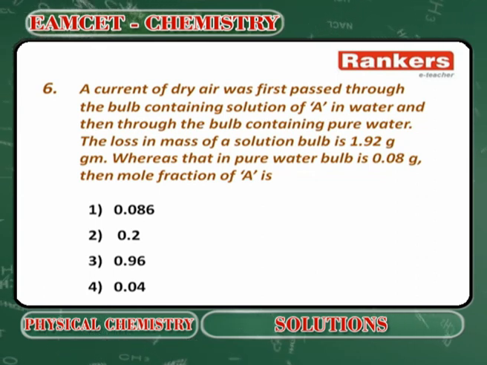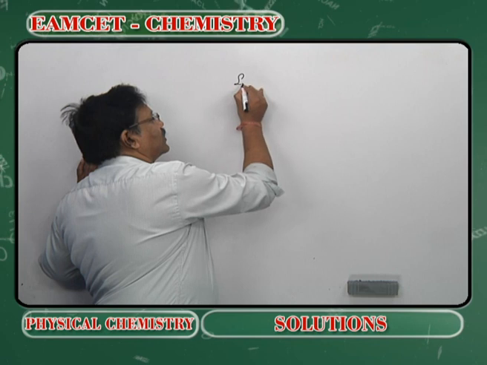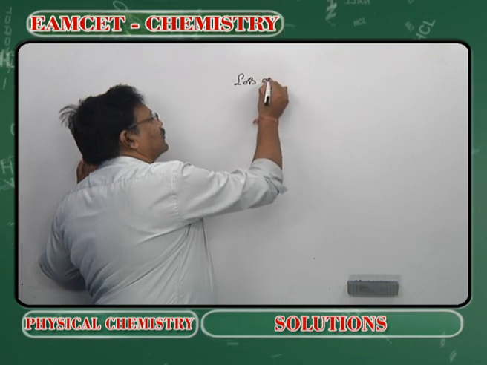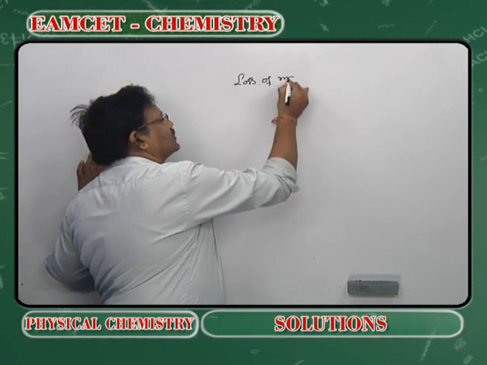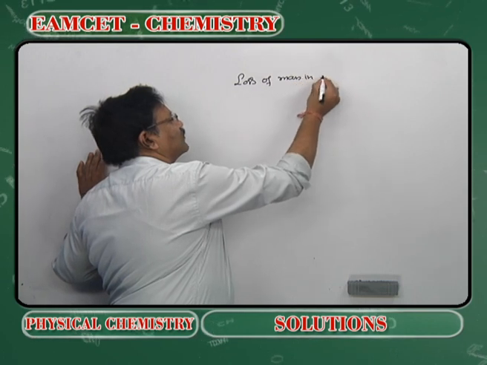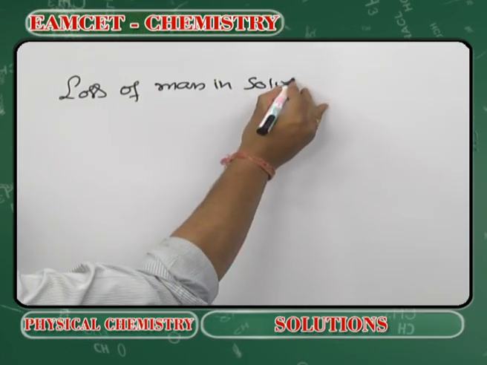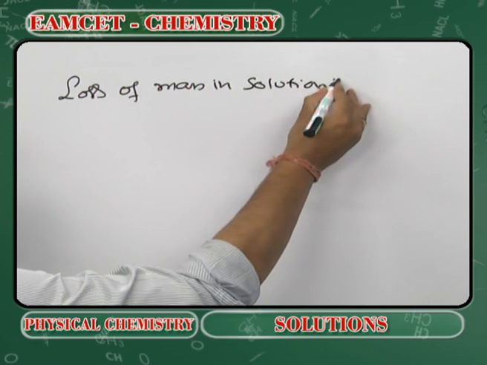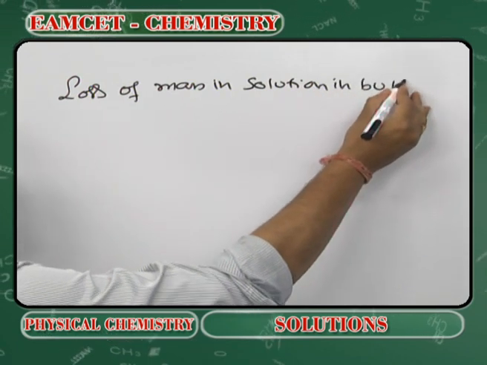A current of dry air is first passed through the bulb containing solution A in water and then through the bulb containing pure water. The loss of mass in the solution bulb is proportional to PS.